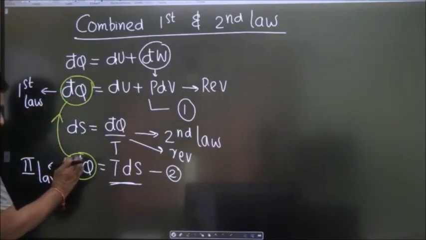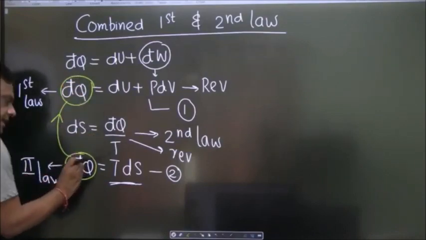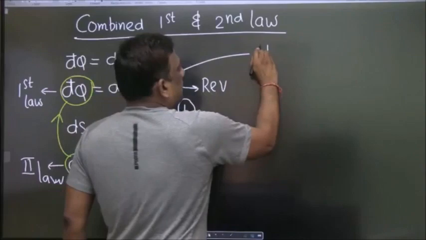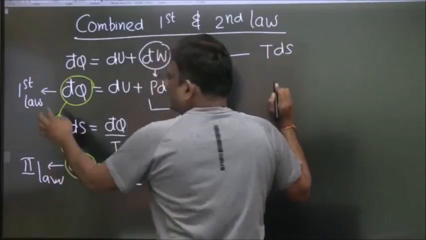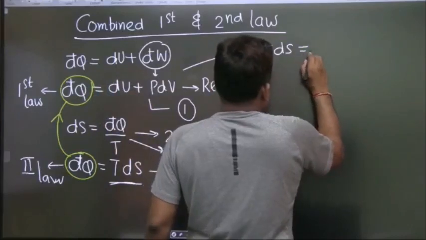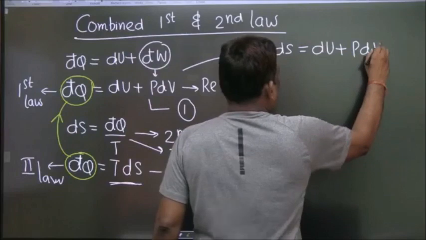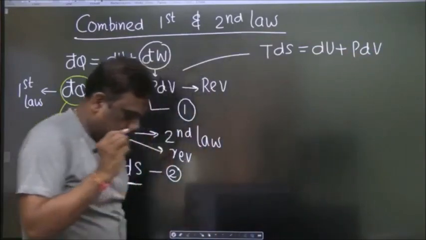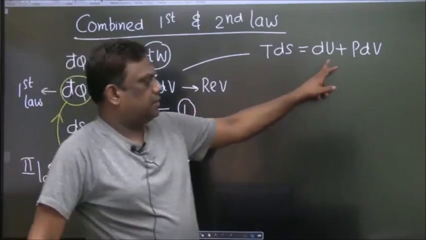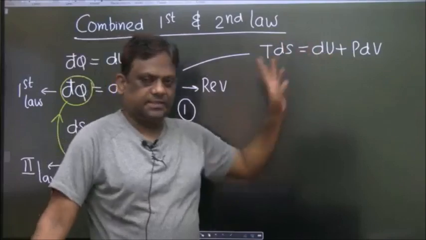Let me tell you again, listen. We have d'Q as TdS, so I substitute it here. So TdS is equal to dU plus PdV. This is our equation.